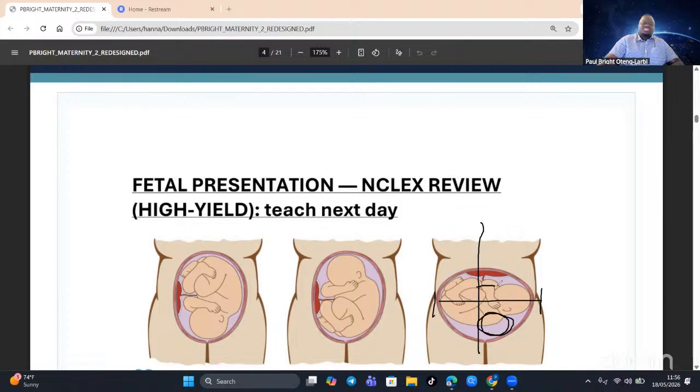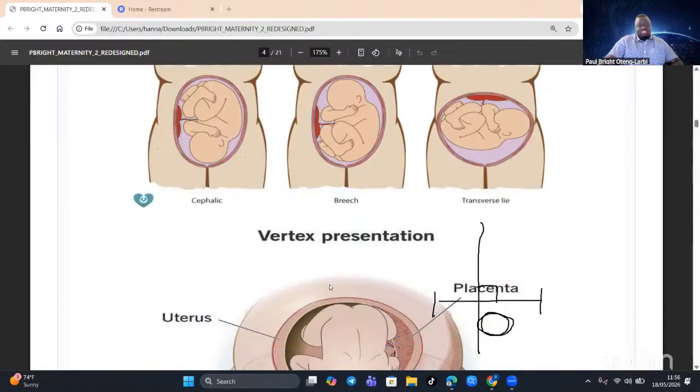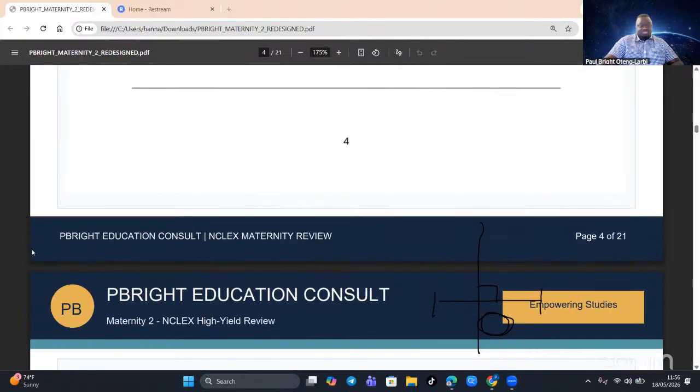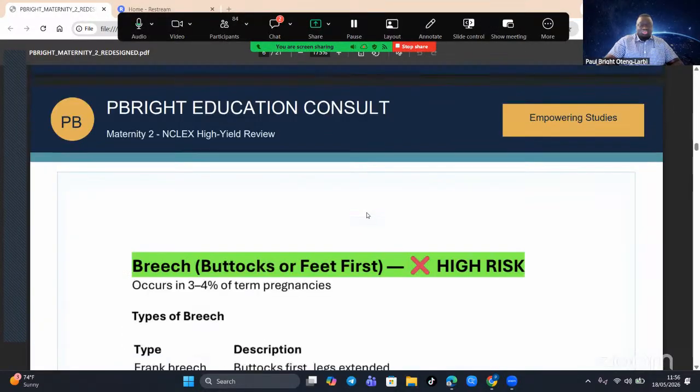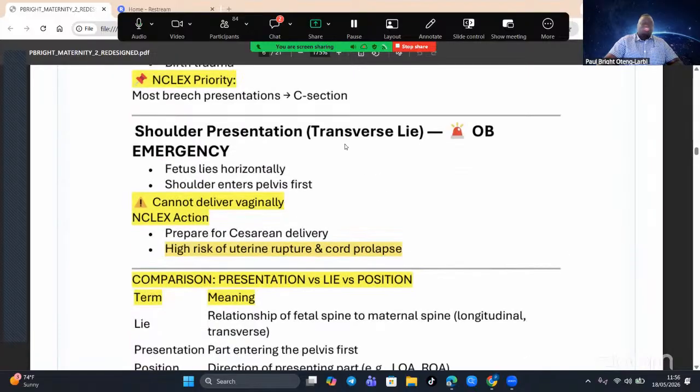So we get the 90 degrees angle here, which is no good. And you will not try to deliver this woman vaginally. It causes issues. So a child is coming with the shoulder, or the transverse lie. This is an obstetric emergency. You can never deliver vaginally. You see the warning sign here.